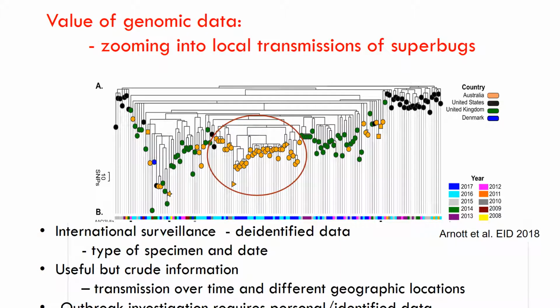International surveillance such as this uses de-identified data. Only the specimen and date of isolation are shared internationally.